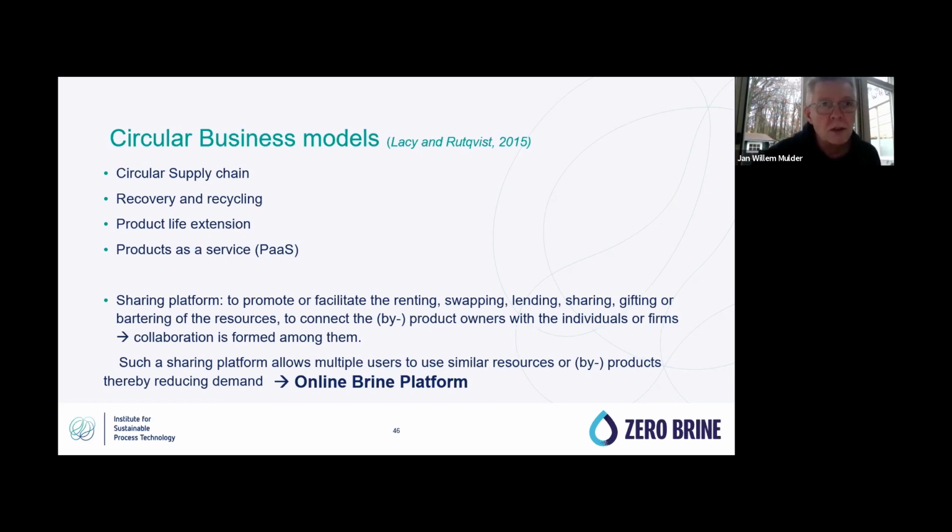In the situation of Dow, we have the domestic wastewater reuse. So we take the water from the water authority. It's basically a combined installation.